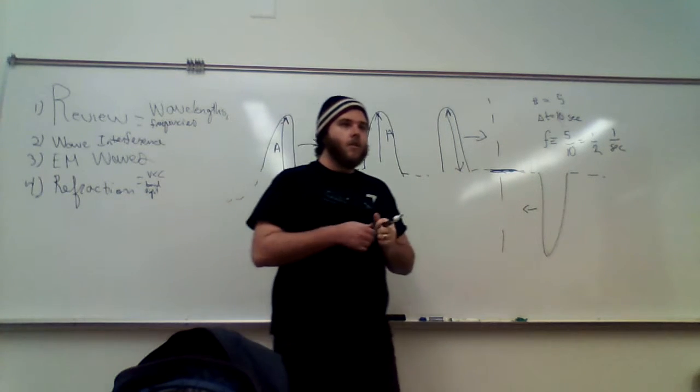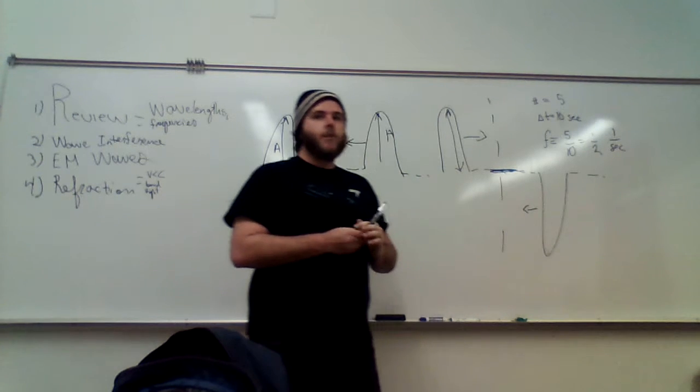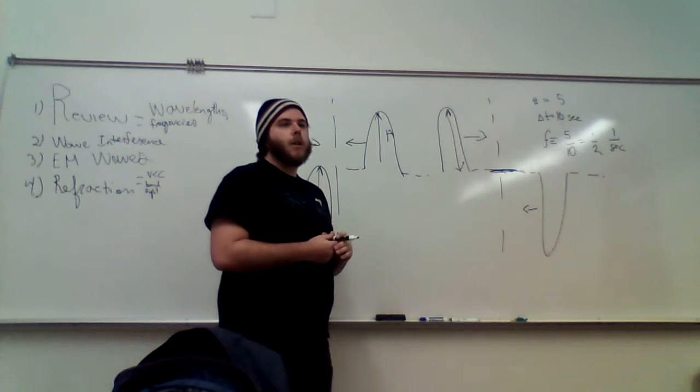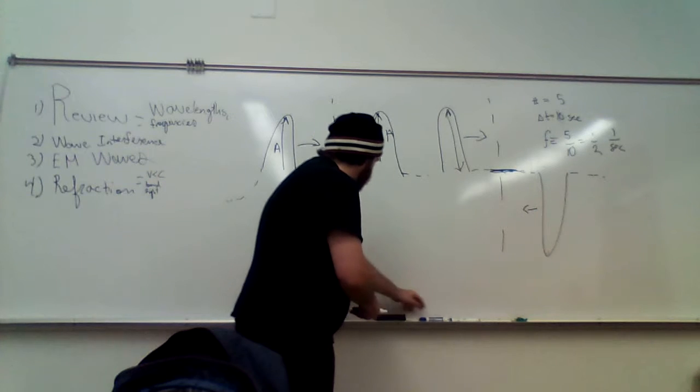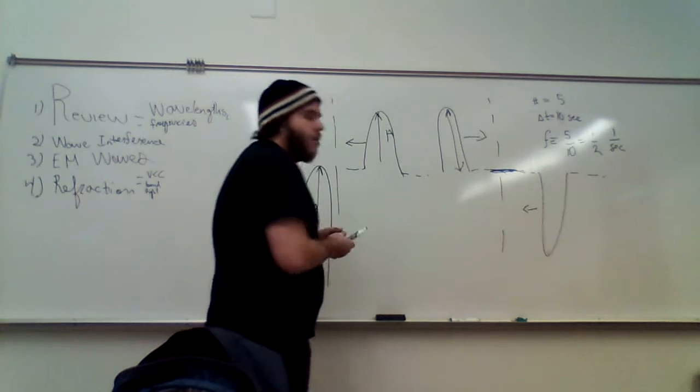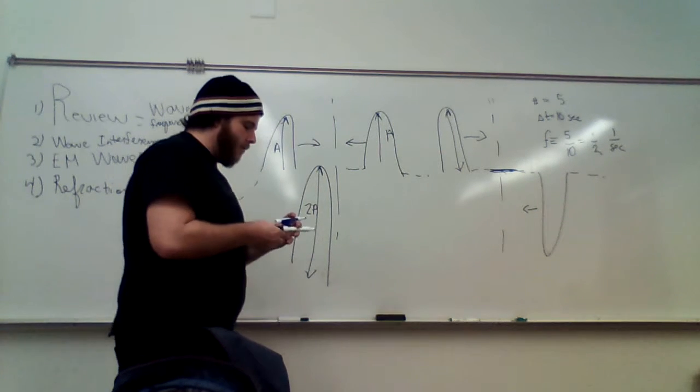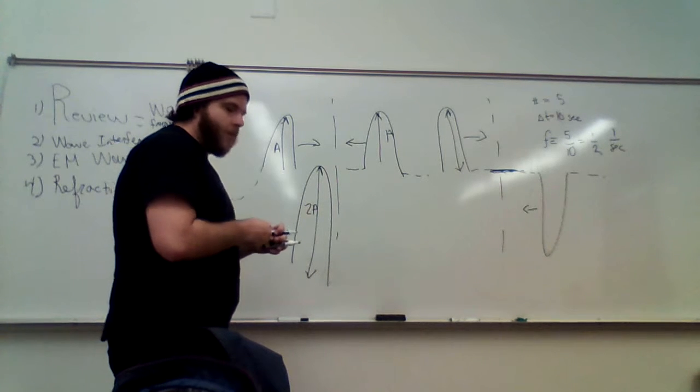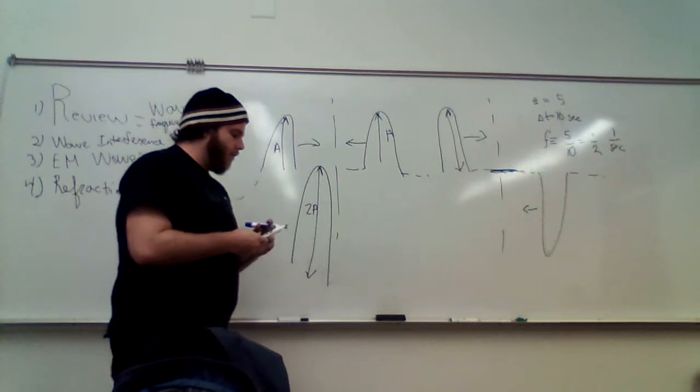Okay? Now we have to talk about a specific type of wave. It's an electromagnetic wave. I'm going to use two different colors to describe it. This is something we will have already gone over last week.